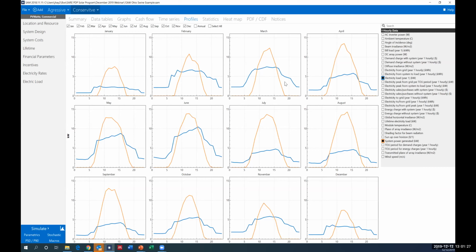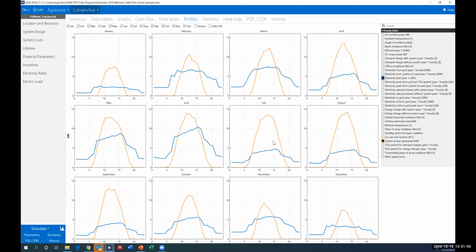So I've got almost 2.5 blocks under the blue and above the yellow, but I've only got about 3/4 of a block up here. So I've got 2.5 blocks minus 3/4 of a block. That's going to show me that I'm actually using more electricity during this average day in July than I am generating. Now, you're not necessarily going to do the math because the system can do all that math for you, but it's a fun way to visualize it.